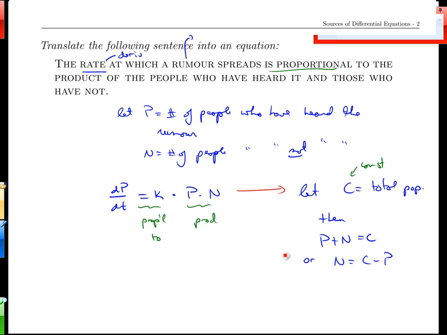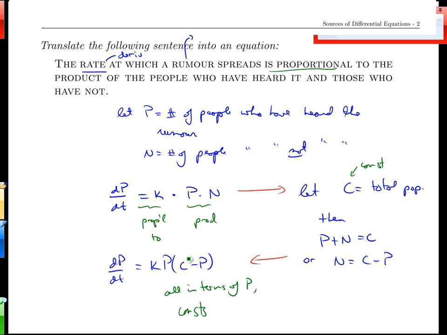And then we can re-express our differential equation as a constant times P, then times our population minus P. And this has the advantage of it's all in terms of P and constants of various types, rate constants and population constants.